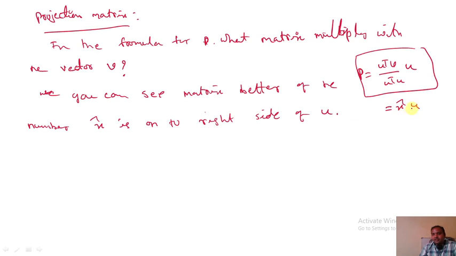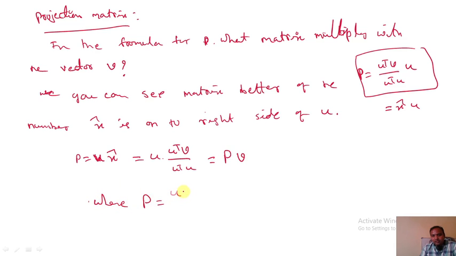If we write it on the right side, we will see what happens. Small p equals x hat times u; if we write the number on the right side, u into x hat, that means u times u transpose v by u transpose u. This way we write capital P into v, where capital P equals u u transpose divided by u transpose u, and this is called the projection matrix.